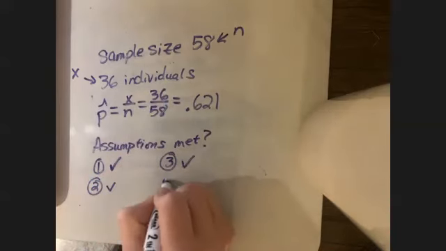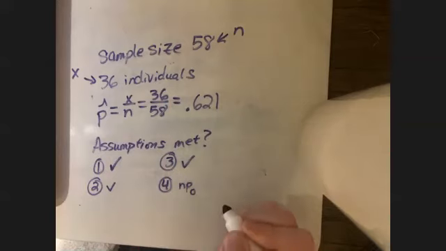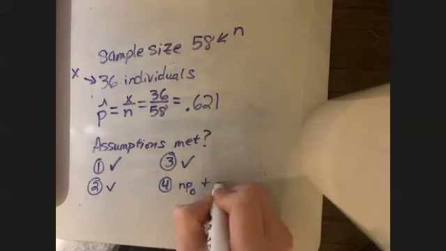And then the fourth one was in P not, okay? And in this case, we are good for this one.